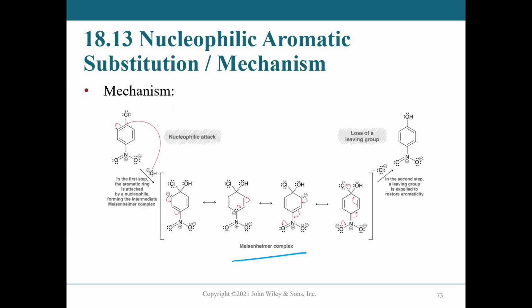So we have our nucleophilic attack, followed by our resonance stabilization. And they call this the Meisenheimer complex, probably because the person's last name was Meisenheimer, who discovered this complex.